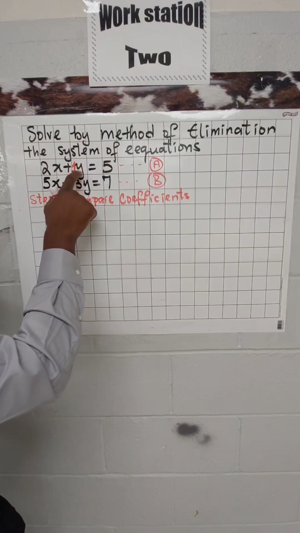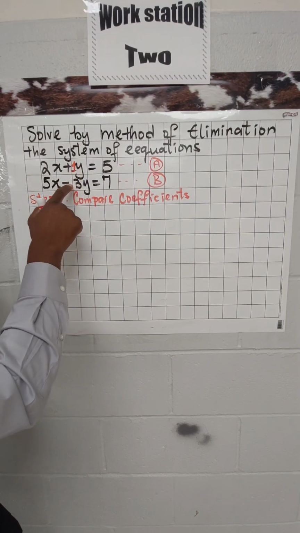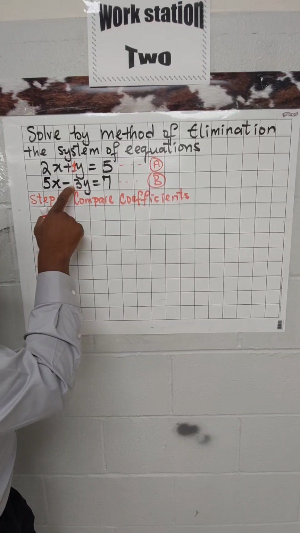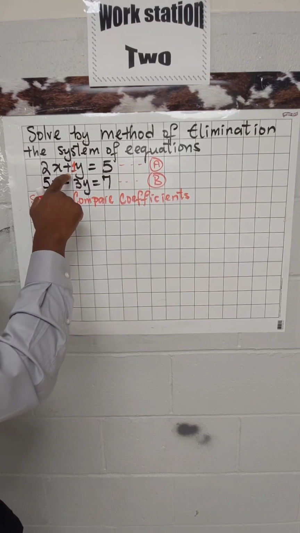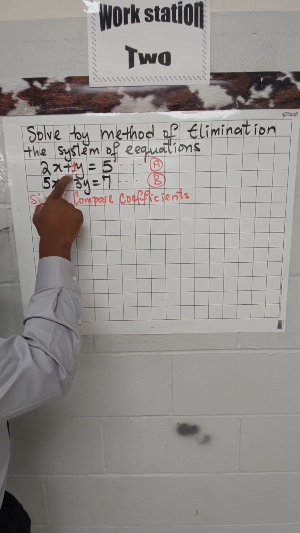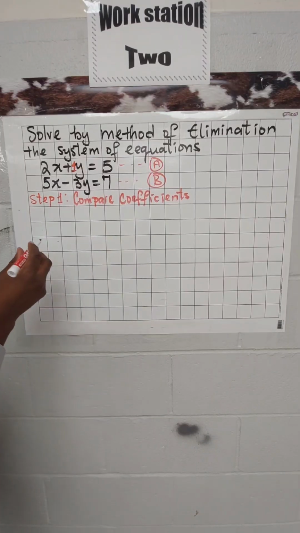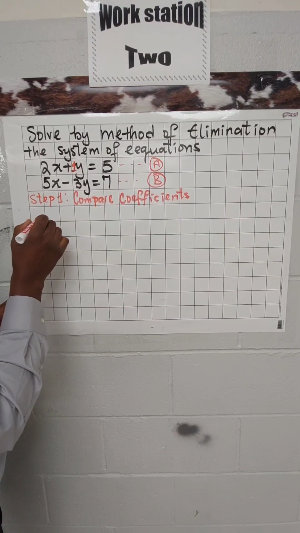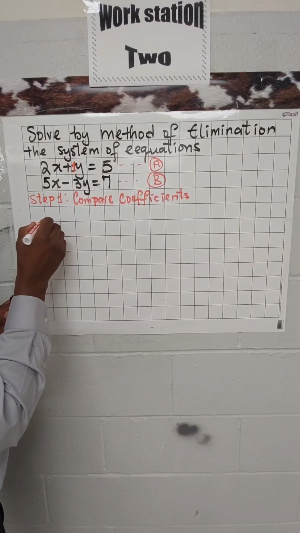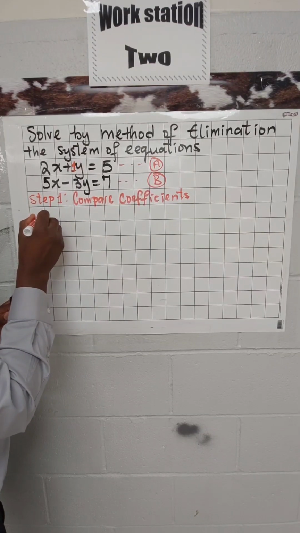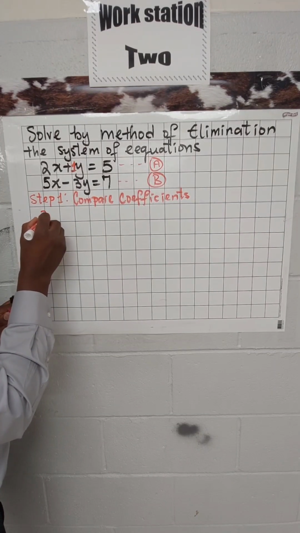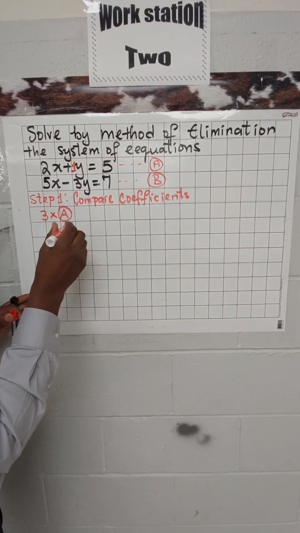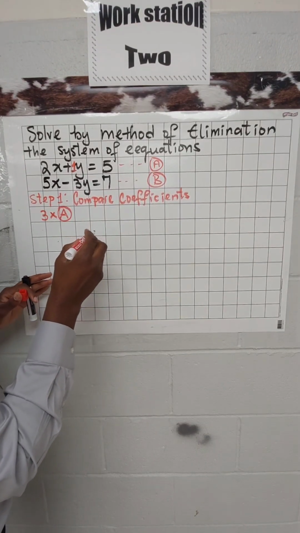I will come to the variable y. I can make this one a positive 3, so that if I add it to this -3, I get a 0. So I will multiply equation A by 3, and we get a new equation. 3 times equation A will give a new equation.